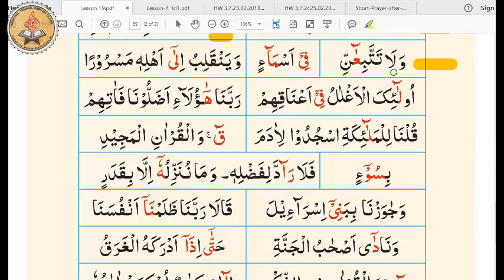So wala. Wala. And this part. Wala tattabi'anin. Okay. Well then you tried really well. So it is wala tattabi'ani.